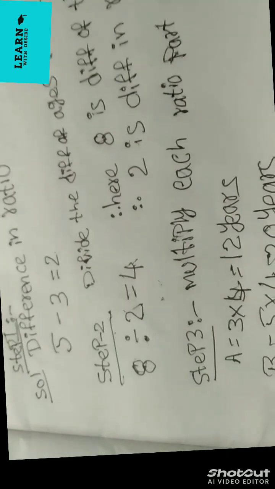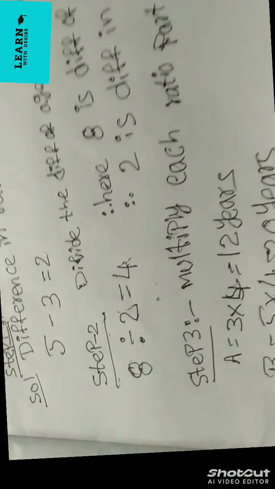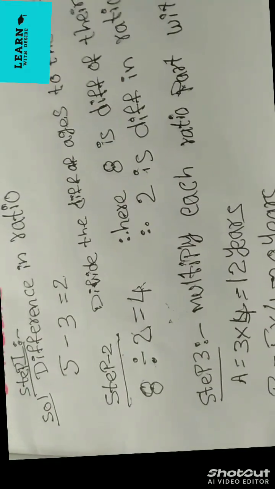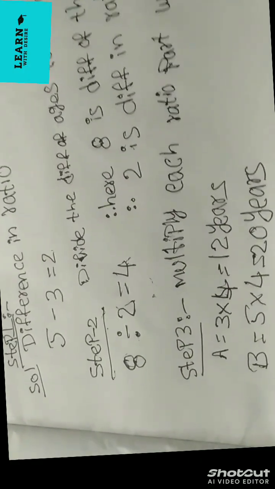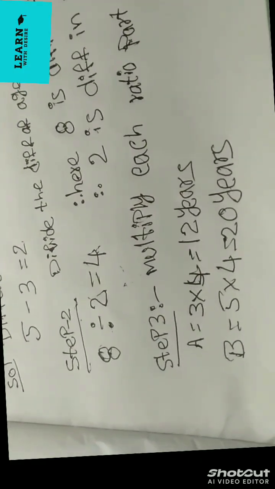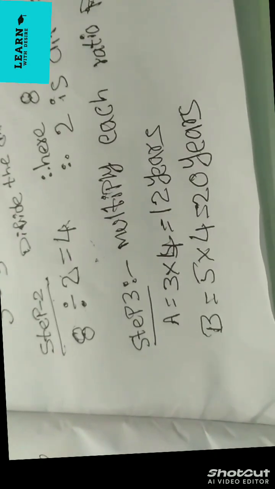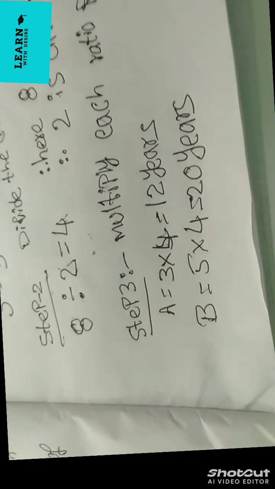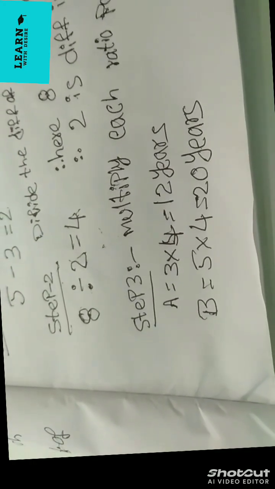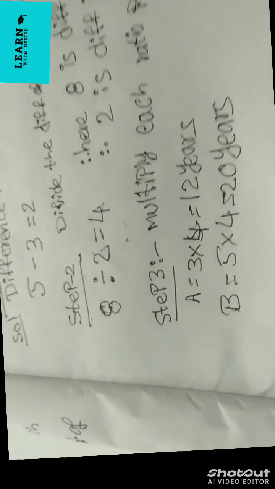In the final step, we have to multiply each part of the ratio with the value 4. That is A equals 3 into 4 equals 12 years, and B equals 5 into 4 equals 20 years. In this way you can calculate the age problems if they are given by the ratio method.